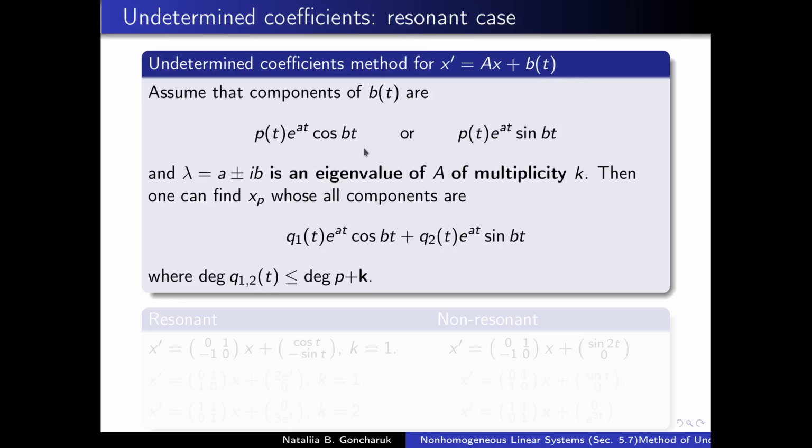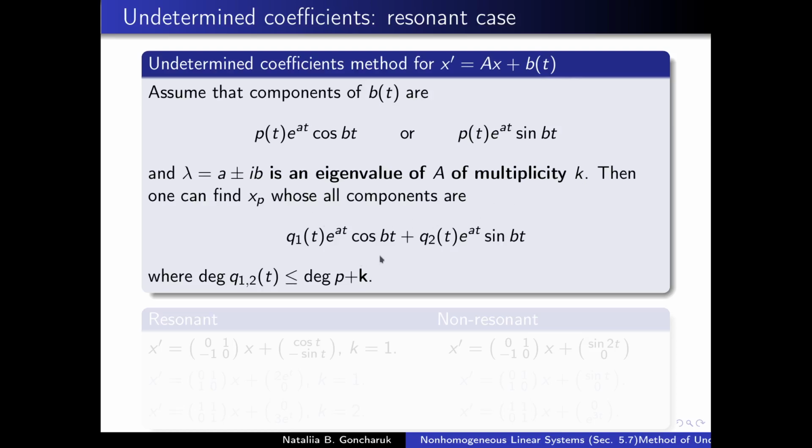If the components of Bt are expressions with some polynomials and exponentials and cosines and sines, and this number a plus or minus ib is an eigenvalue of A, it could be even repeated. We assume that it has multiplicity k.